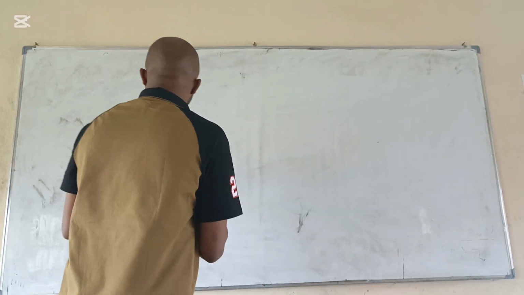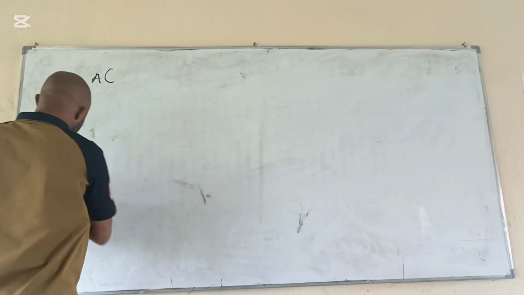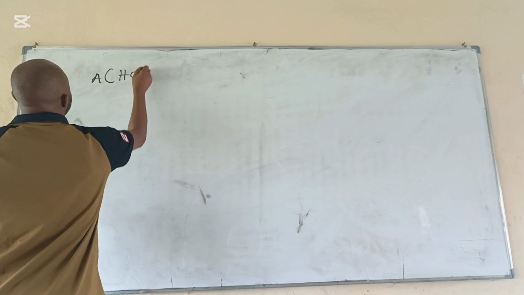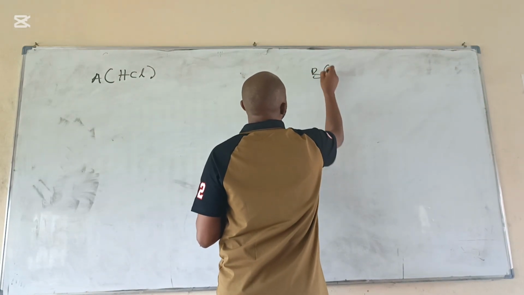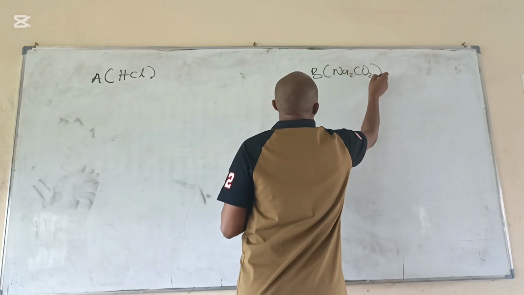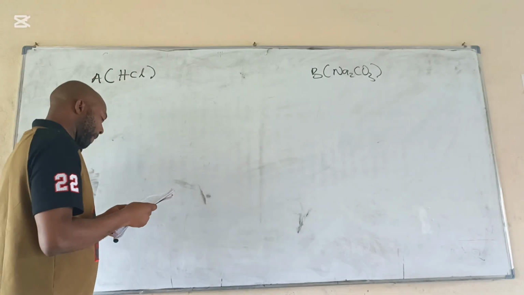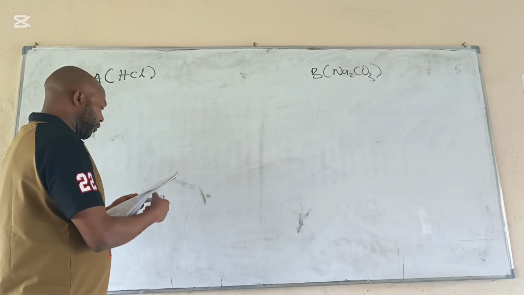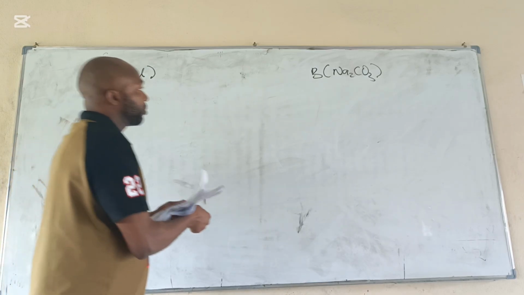So here we have the acid, which is HCl, and we have the base B, which is Na2CO3. We say that of sodium trioxocarbonate IV, we have 12 grams of the impure sample.